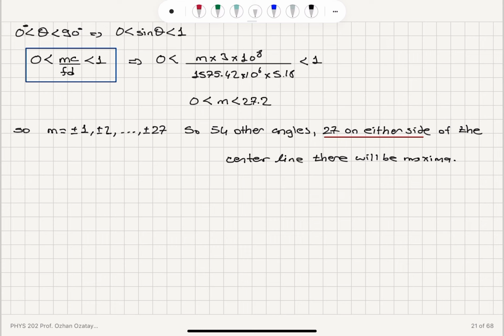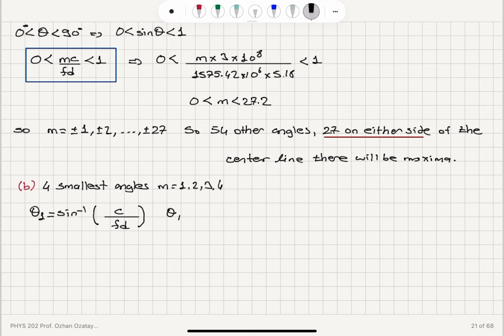What are the four smallest angles for which we will observe this constructive interference? Four smallest angles will correspond to m equals 1, 2, 3, and 4. So theta 1, m equals 1, will be sine inverse of c divided by f d.